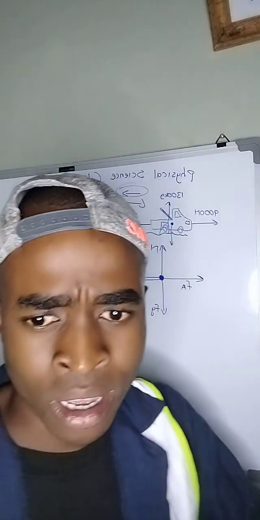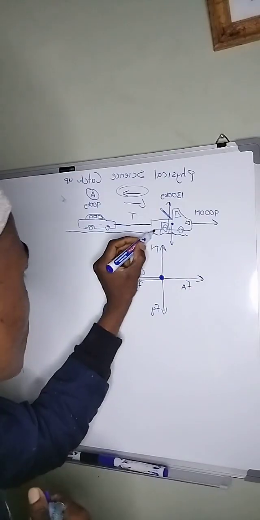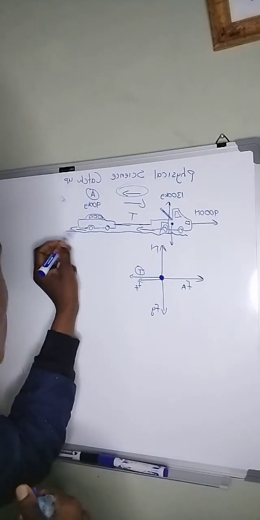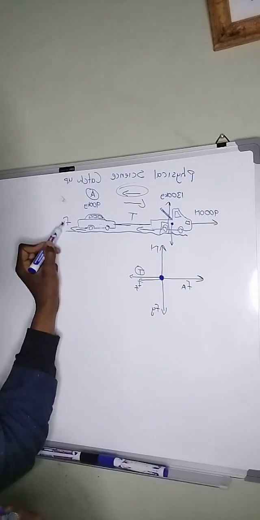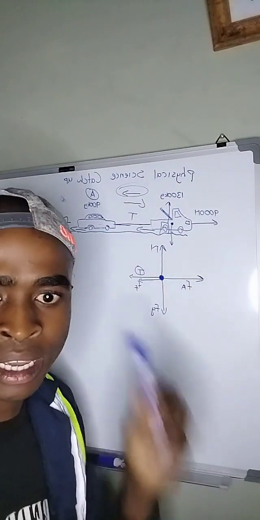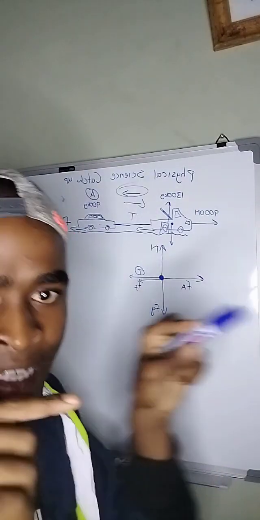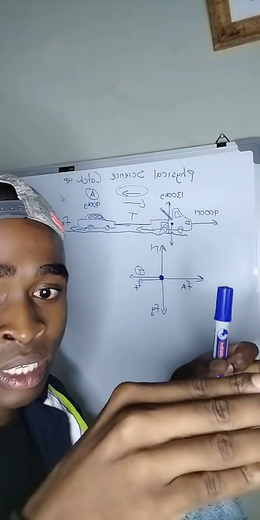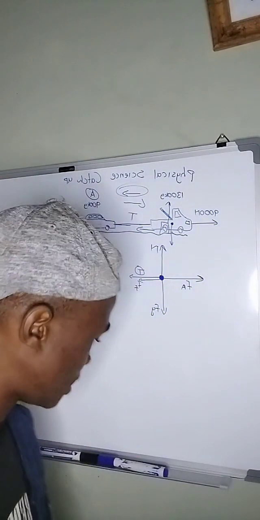It's acting as an opposition for this guy. So here we will get our friction, being the force that is acting as an opposition. It resists the forward force, obviously, because it's acting in an opposite direction.